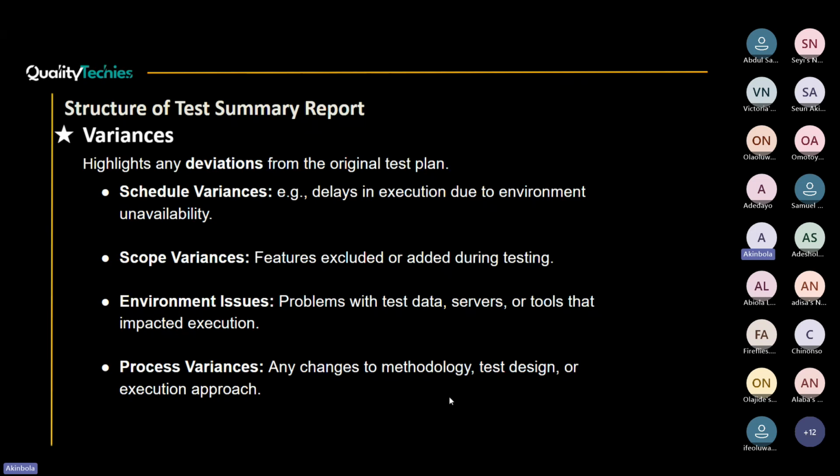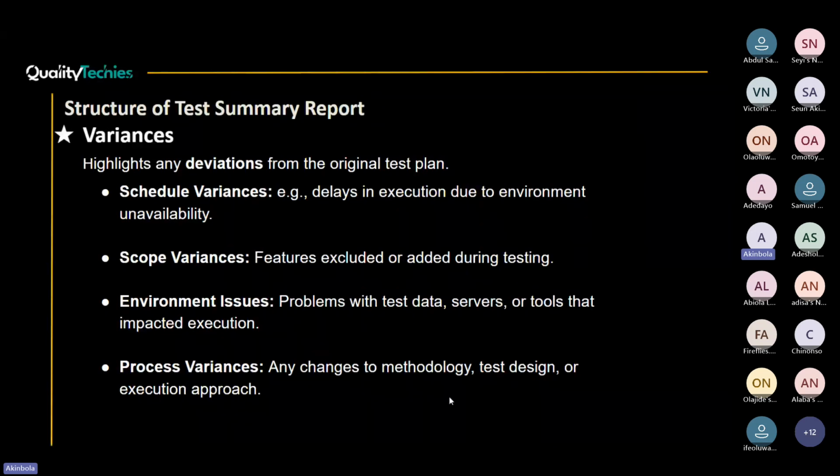Like I said earlier, schedule variance. Maybe there was a delay in execution due to environment unavailability, or maybe a bug was raised and left unattended for like 2 or 3 days, which delayed when you were supposed to deliver this project.